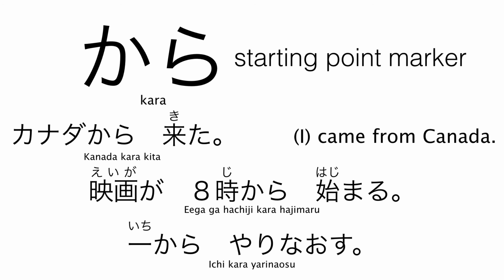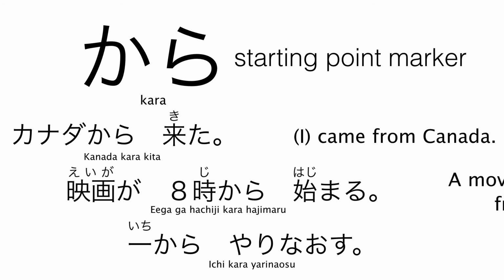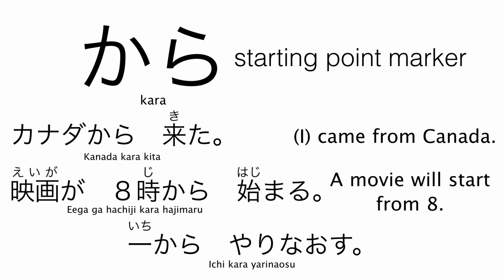The second sentence is 映画が8時から始まる。映画, which is marked by the subject marker が, means a movie. 8時 means 8 o'clock. 始まる is an intransitive verb that means something starts. So the sentence means the movie will start from 8 o'clock. 8 o'clock is the starting time of the movie.